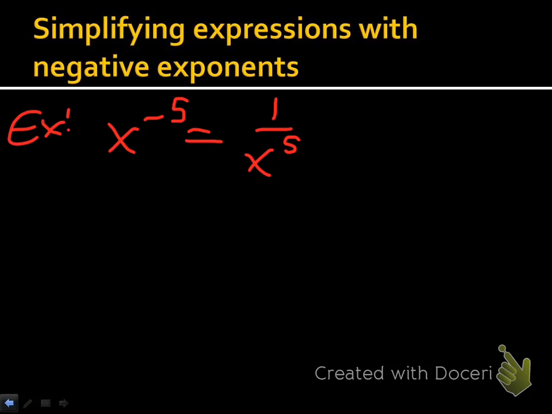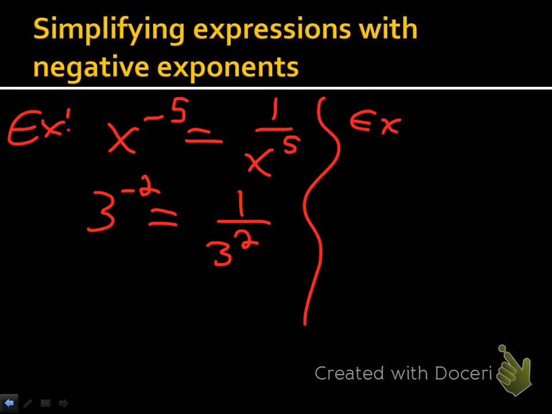If I had 3 to the negative 2, that would be 1 over 3 squared, and so on. You guys get the idea? And we could go the other way, too. We could go from 1 over y cubed, and that would be the same as y to the negative 3. Okay, so that's the idea of negative exponents.